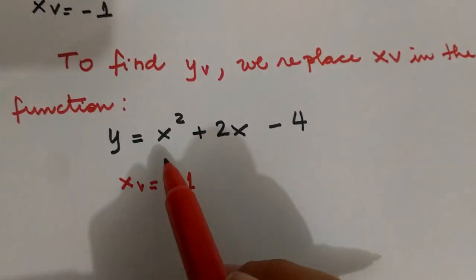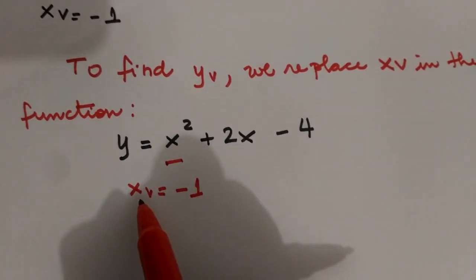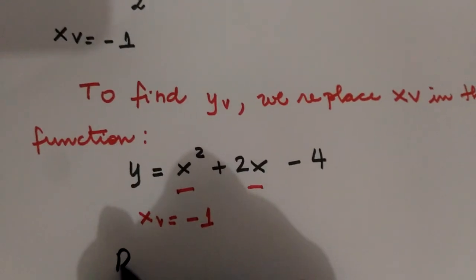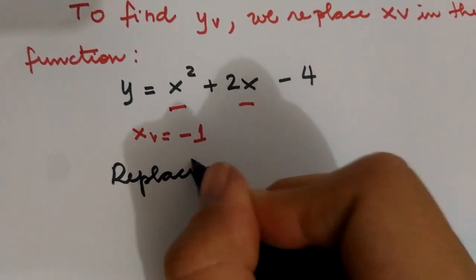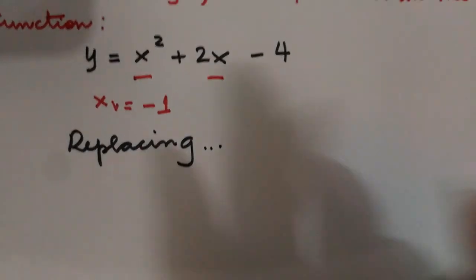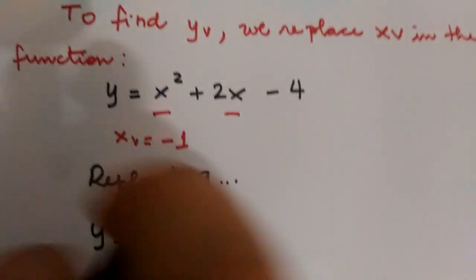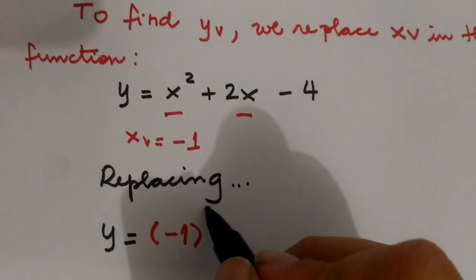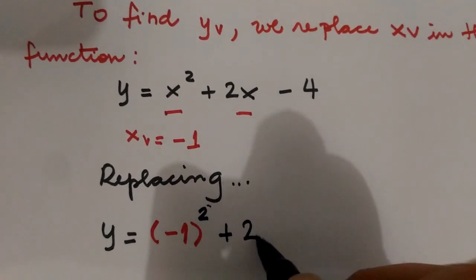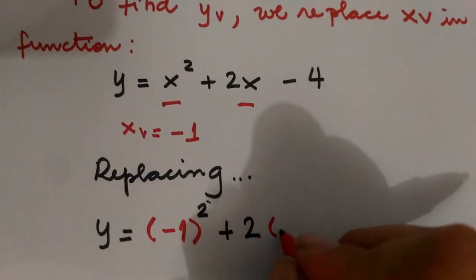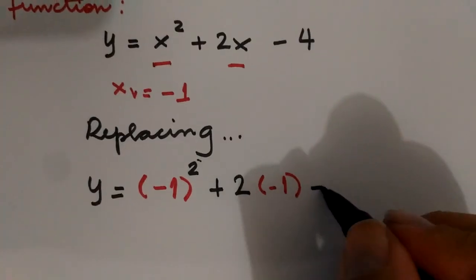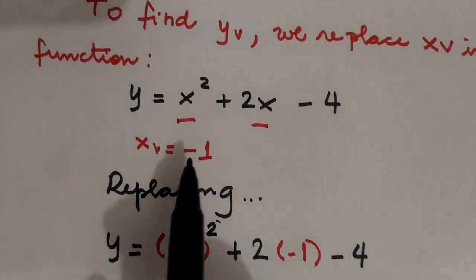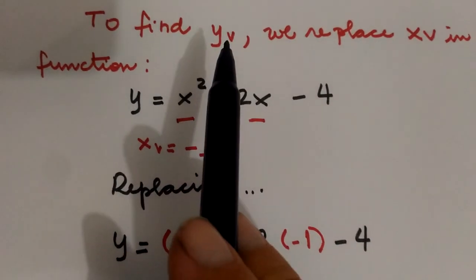So instead of writing x, I'm going to write xv. Replacing. Use parentheses. This is a multiplication. So I'm changing the x's for -1, which is my xv, because I'm looking for yv.